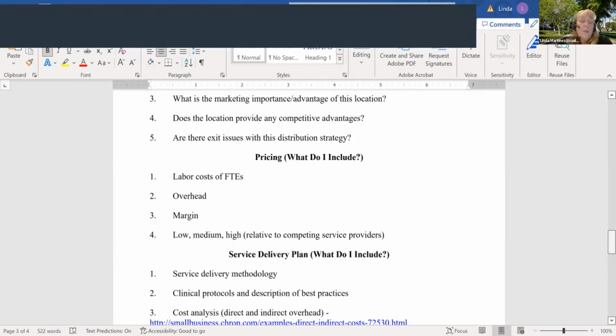The other part is overhead. Now, overhead is anything that you pay for that you cannot direct bill. So your overhead would be like your receptionist, for instance. You cannot direct bill the receptionist to the insurance company or to anybody, because that person is there as part of your general overhead.